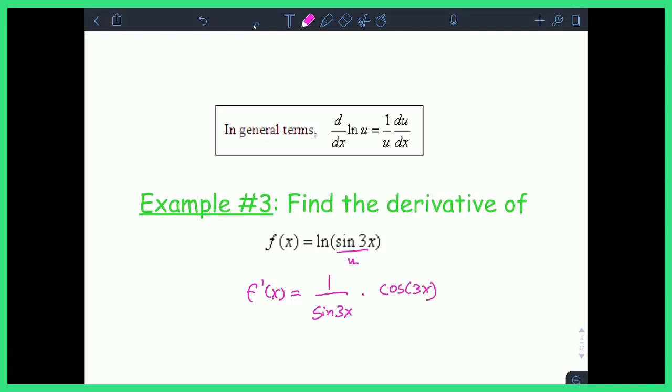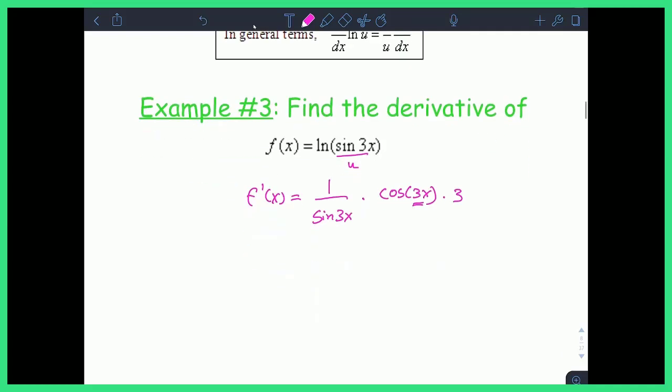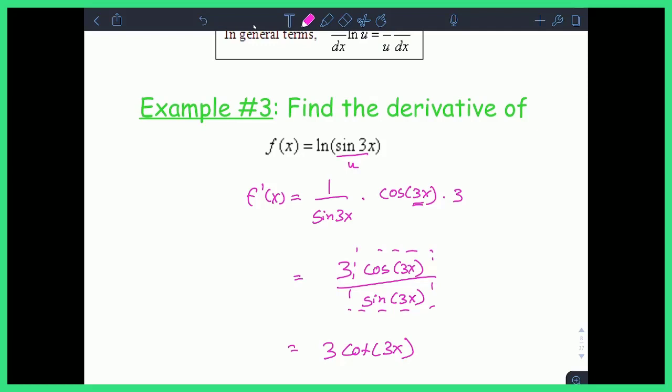But then we have to multiply by the derivative of the 3x, because that's an additional chain rule, and that derivative is simply 3. So the formula for this one simplifies to 3 cosine 3x over sine 3x. And then cosine over sine, if you want to, you can simplify to cotangent of 3x. So this derivative would be 3 cotangent 3x, and that would be that.